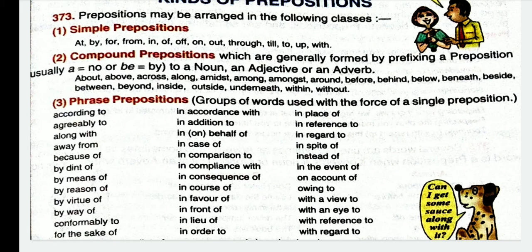First you will make the sentences of the simple prepositions that are given here, then the compound prepositions, and then the phrase prepositions. Make sure that the meanings and the function of these prepositions are clear to you. Also write the definition of the preposition: what is a simple, compound and phrase preposition, and then make the sentences. Show me your work. If you have any question you can ask. That's it for now.